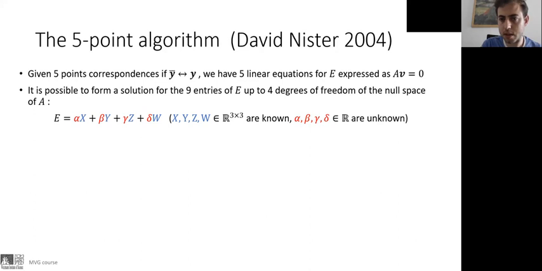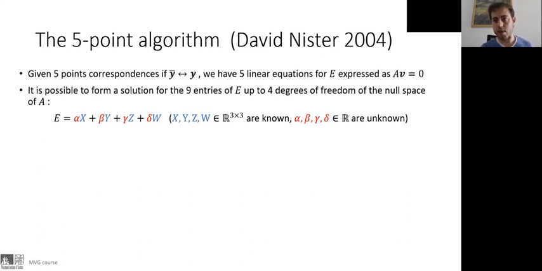Yes, and again, how do you find A, B, and gamma? You just apply the things that you did not use yet. For now, you just used the point correspondences. So any solution in this linear combination will be in the null space of A, so you already satisfy the point correspondences constraints.